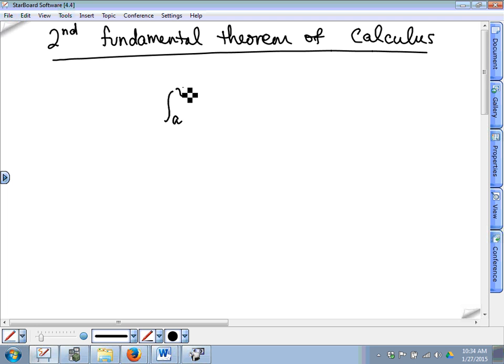So the integral from a to x of f of t dt. Just like the first one, but now we're going to take the derivative with respect to x.